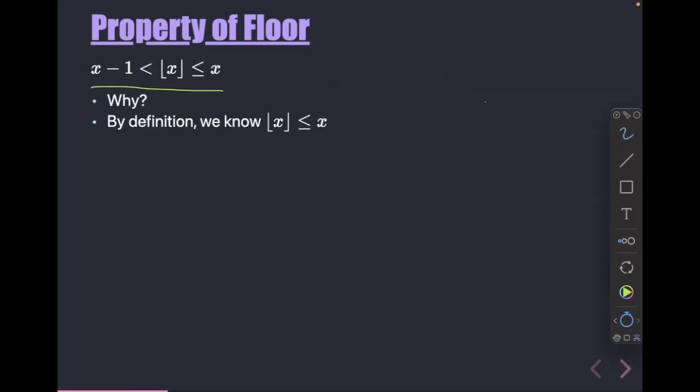It'll help us reason about the way we represent numbers. What I want to do is write x in a different representation. I want to write it as y plus d, where y is the whole number part and d is the decimal part.